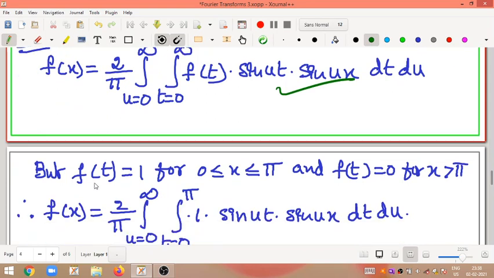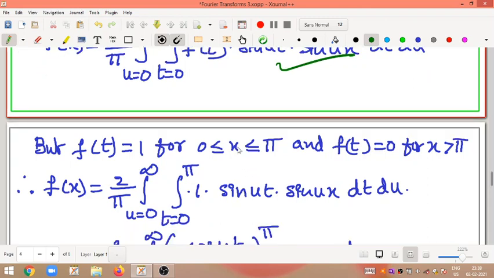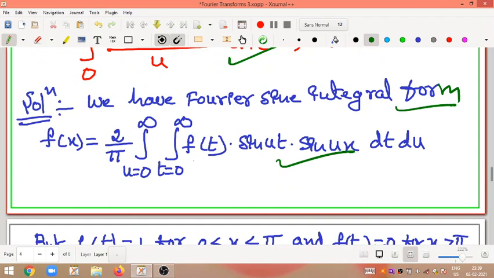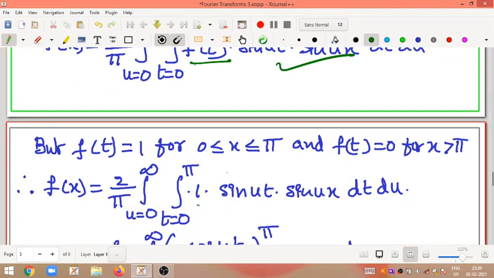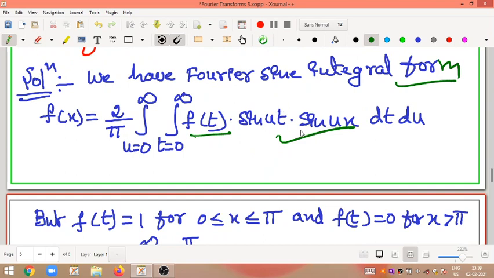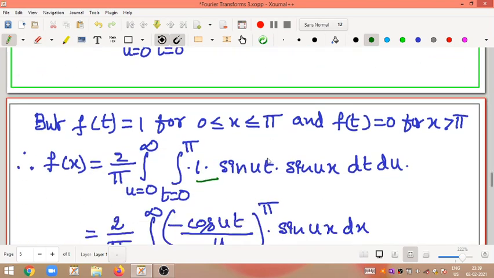But we know that f(t) has value 1 for t lying between 0 and π. So here f(x) is how much? This value 1 into the function sin ut sin ux dt du.